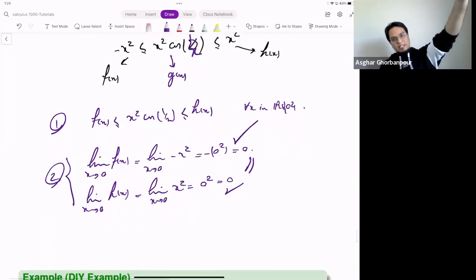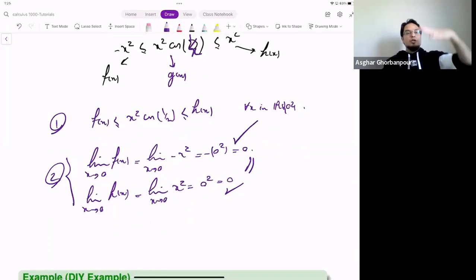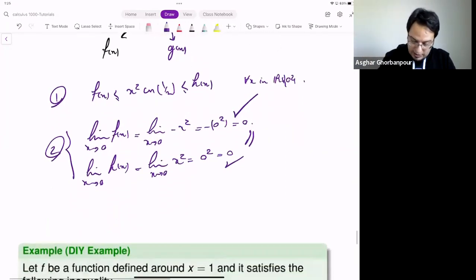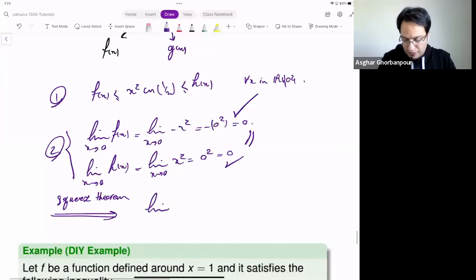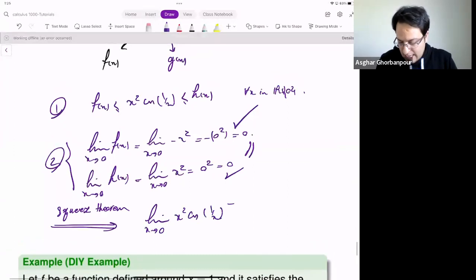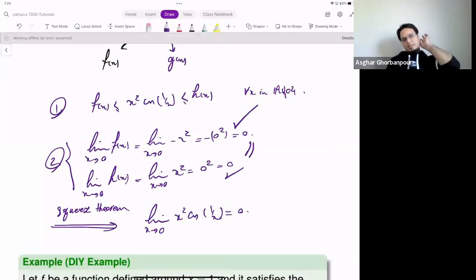So I had this inequality, that's first. I had two ends that have a limit as x approaches 0. Then I can use the squeeze theorem and say that the limit of the middle function as x approaches 0 exists, and it's equal to the limit that we found for those functions.